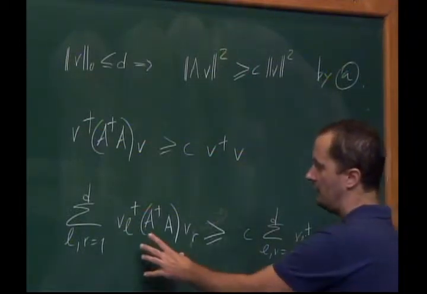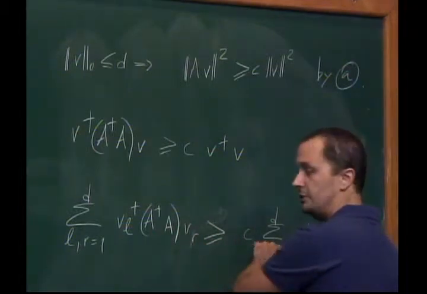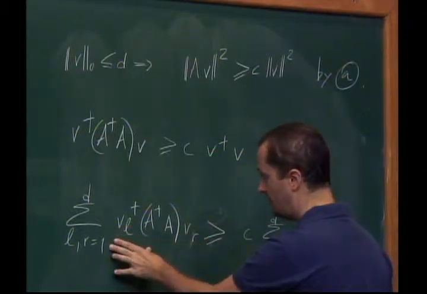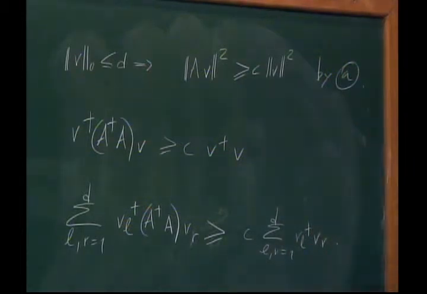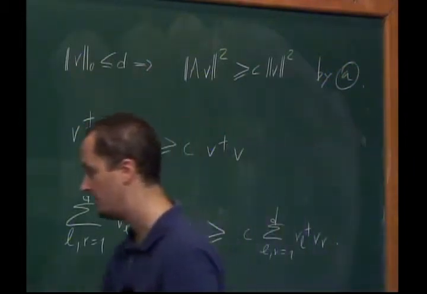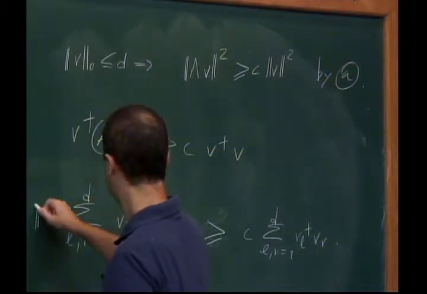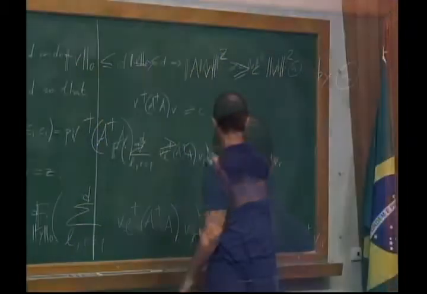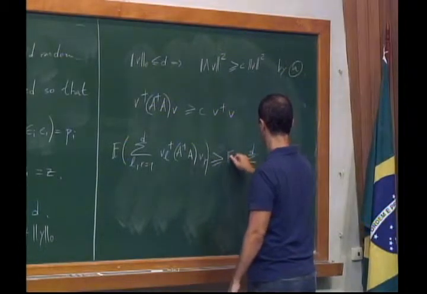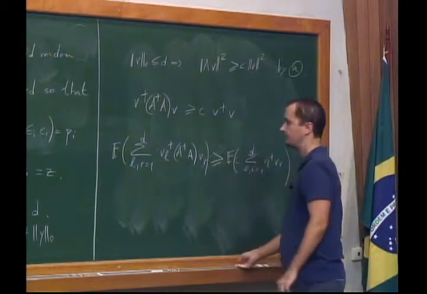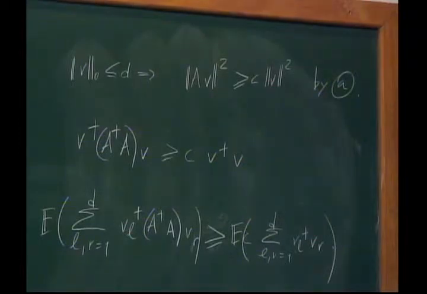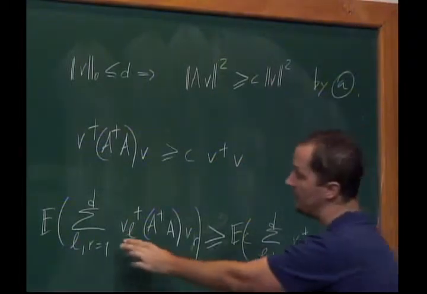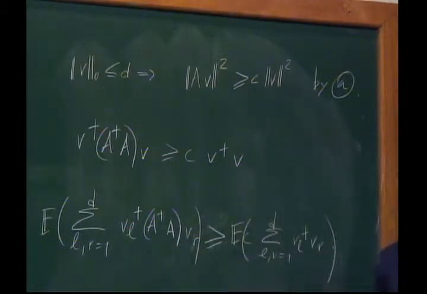If you have a random variable that's always larger than another, the expectation of the first one is larger than the expectation of the other one. So I can take expectations on both sides. And of course the expectation of a sum is a sum of expectations.